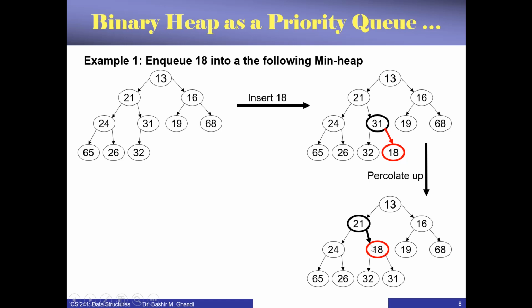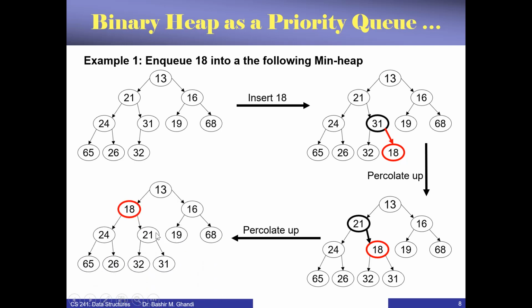But you don't stop there. You again repeat: is 18 smaller than its new parent? Yes, it is still smaller. So again swap, 21 will come down, 18 will go up. Okay, so 18 will come here. Again you ask, is 18 smaller than 13?